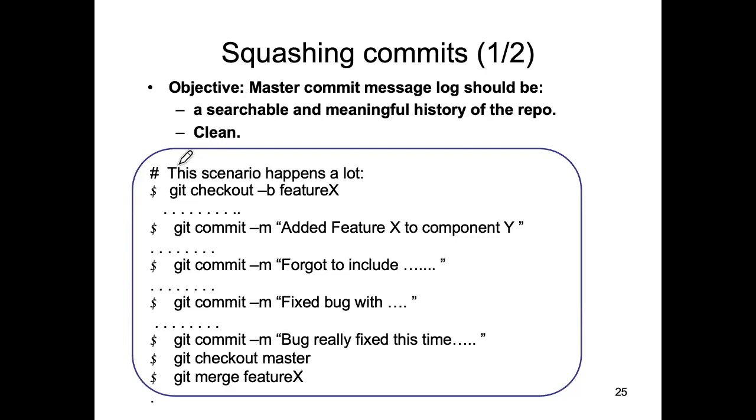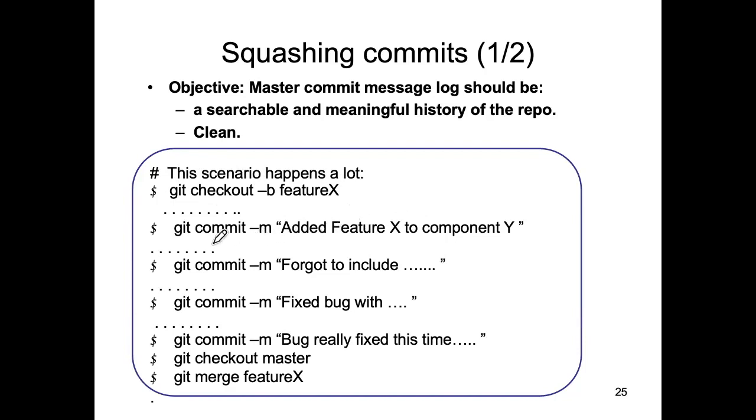So again, I'm trying to paint another scenario. When we do a Git checkout of my feature branch from before, we do some work on it and we commit it. Let's suppose this is the commit message, and that makes sense. That's a good commit message.